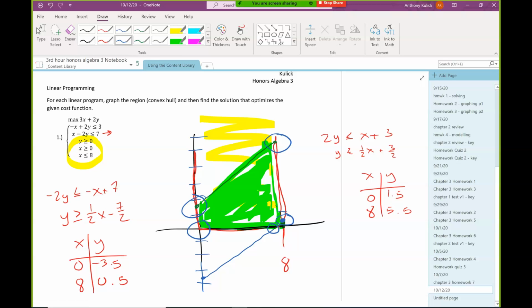Those 5 places are my corners. I don't think I need to solve a system to get any of these corners, because the 2 non-vertical or horizontal lines don't actually intersect, which is nice. That makes life easy to just read the points from our graph.